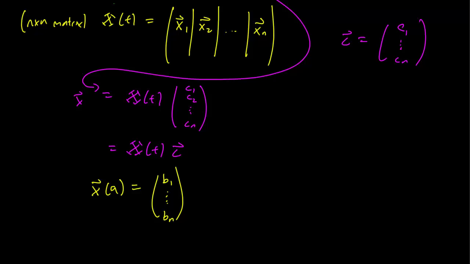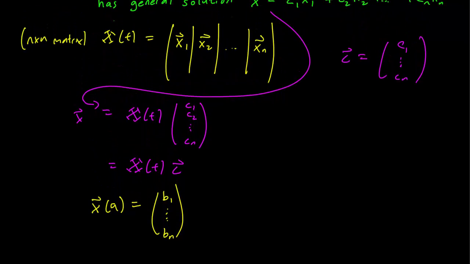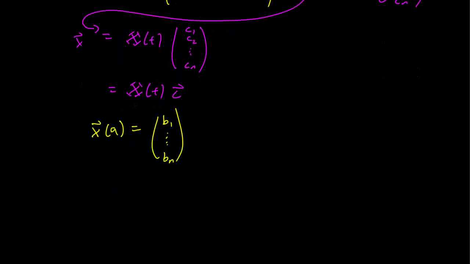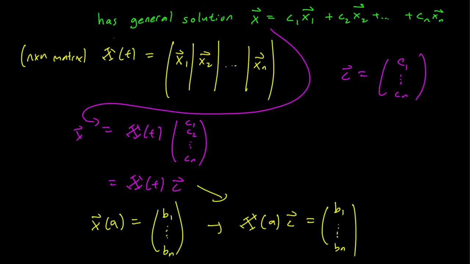So another way to think about this is that we can just write down, remember that x is equal to matrix x times c. Using this equation, we can just rewrite this in the form, using this equation, we can write this matrix times c vector equals b1 through bn.